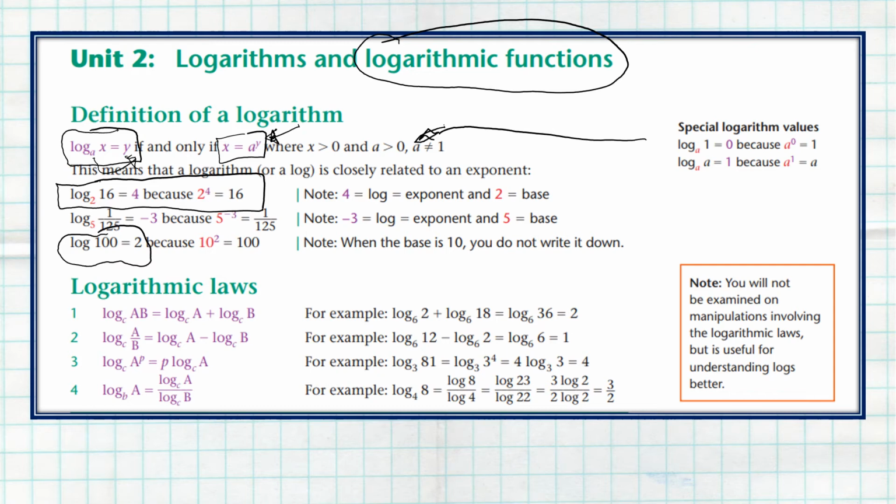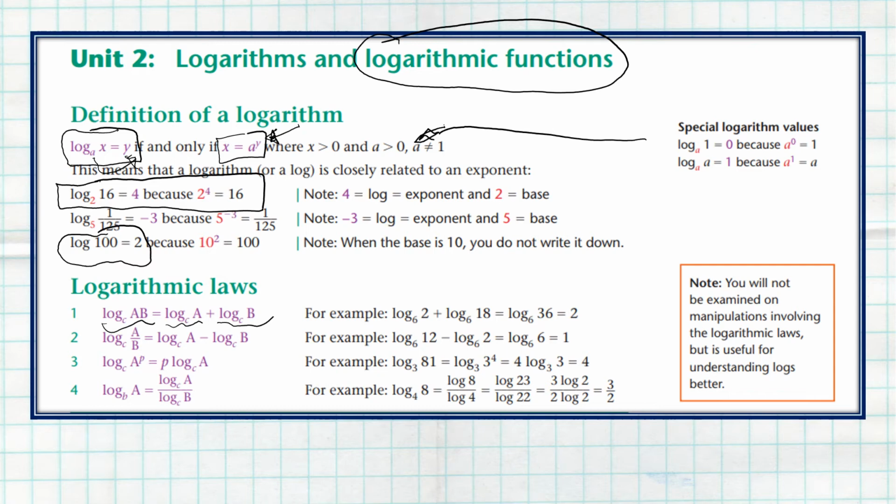And the first one, it says log base c of a times b, right? So log base c of a times b is the same as log c a plus log c b. So obviously if you are multiplying there, then it's closely related to addition.